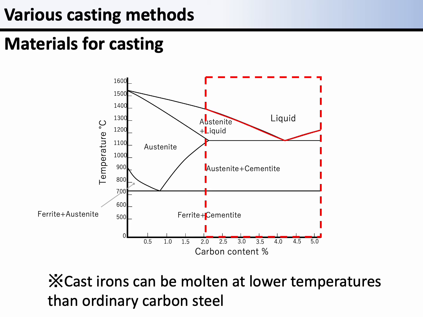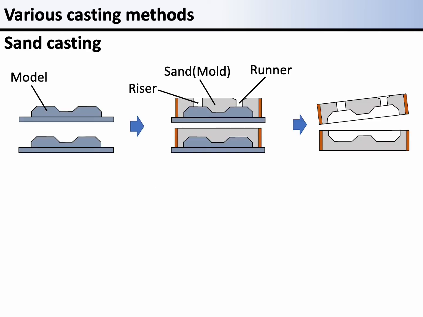Aluminum alloys are also used for casting by using sand molds and die casting. In sand casting, a model of the desired shape is made and then embedded in sand grains. After the sand is hardened, the model is removed to complete the mold.